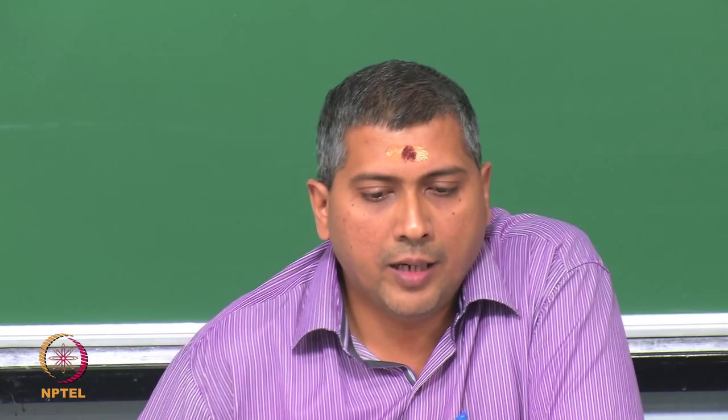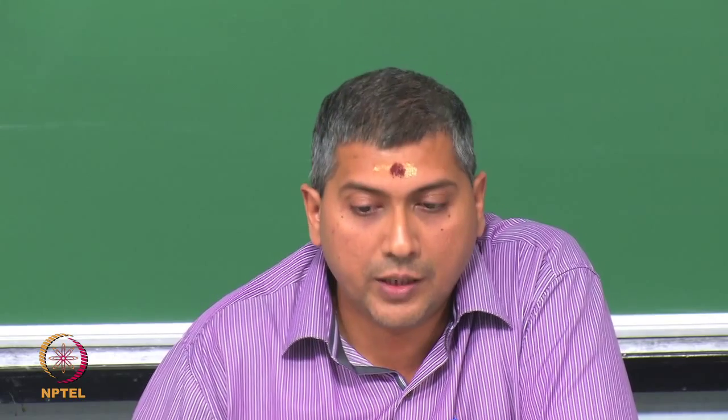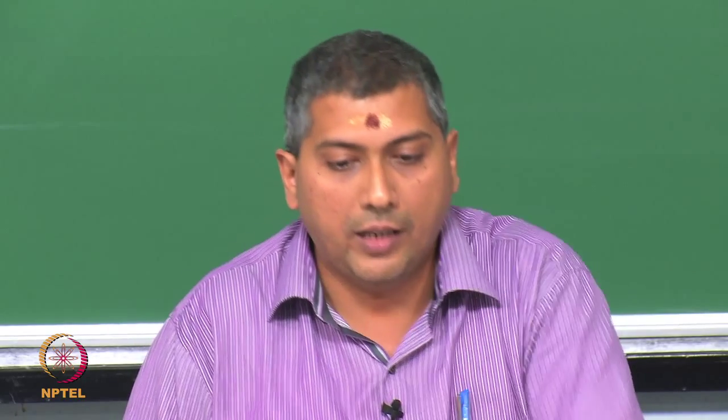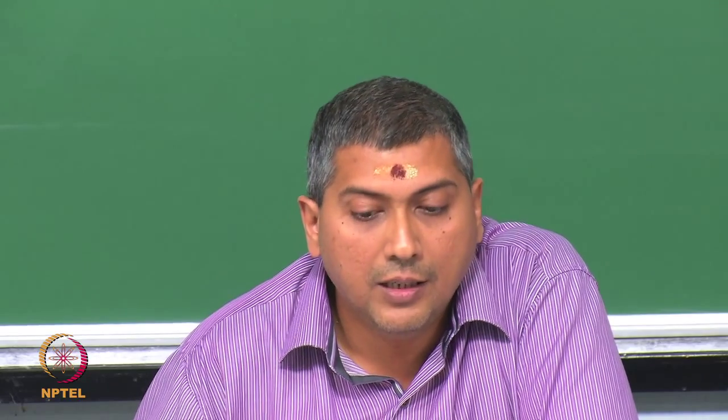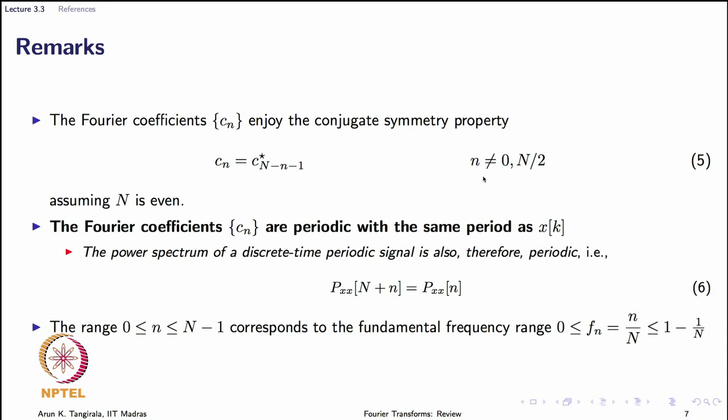Now a few interesting properties on these Fourier coefficients. Firstly, the Fourier coefficients enjoy the conjugate symmetry property, that is C subscript n is C star, the complex conjugate of C subscript big N minus small n, and this is true only when you are looking at indices apart from 0 and N by 2, assuming N is even.